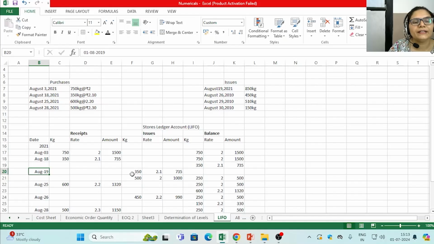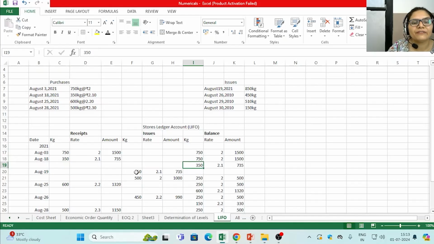On August 19, issues were done of 850 units. So first of all, I will finish up as it is a LIFO method. So material purchased last will be issued first. So my last purchases for August 19 were August 18.